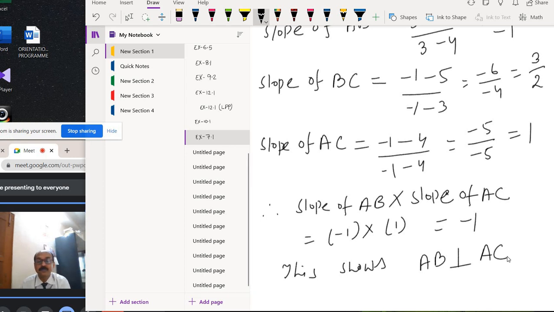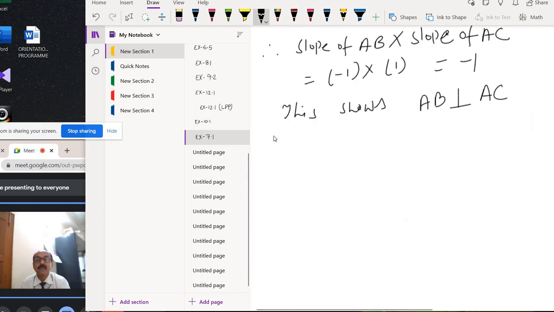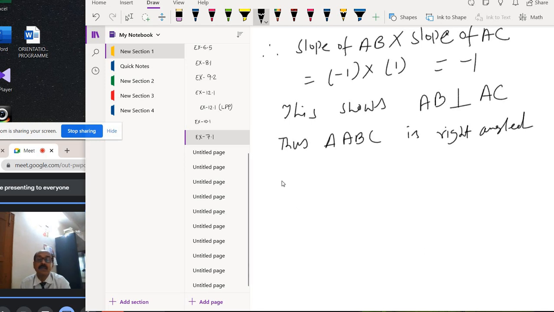Okay. Thus triangle ABC is right angled at angle A. A is 90 degrees because AB is perpendicular to AC.